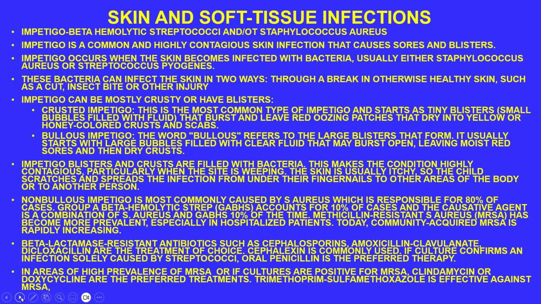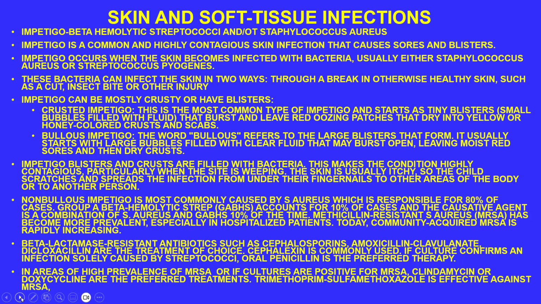Now, this disease will occur when the skin becomes infected with bacteria, usually either Staphylococcus aureus or Streptococcus pyogenes. Now, these bacteria can infect the skin in two ways: through a break in the skin, if the skin is otherwise healthy, such as a cut, insect bite, or other injury.